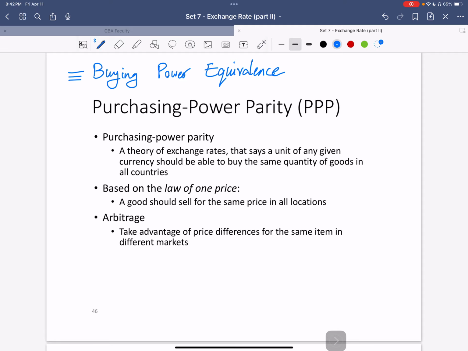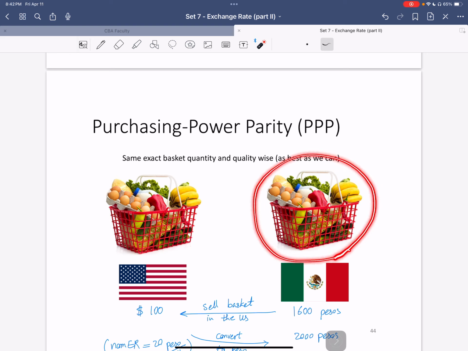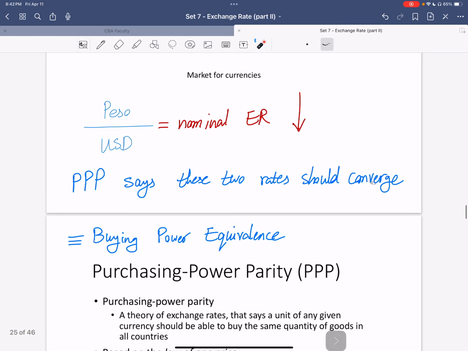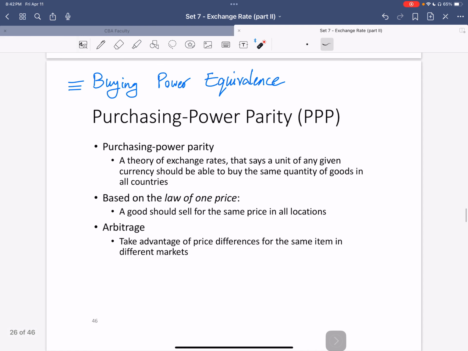If I measure the same basket in dollars and buy it in the US, that is exactly equal to this basket in Mexico if I measure it again with dollars. That should be exactly equal in both countries. That is what the purchasing power parity says. That's what we call the law of one price. A good should sell for the same price in all locations.